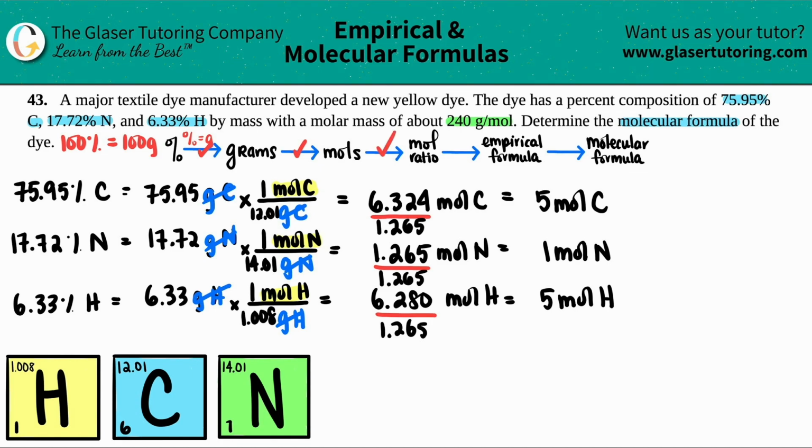Now I'm going to take those numbers and just make my empirical formula, right? It doesn't matter which element you start with first. I just like to start from the top and work my way down. So my empirical formula, and maybe I can just say EF for empirical formula, would be C. Now, there's a 5 here, right? 5 moles of C, which means that I have 5 carbons.